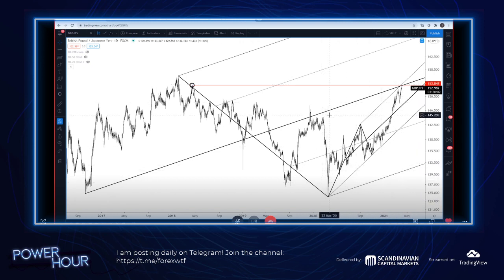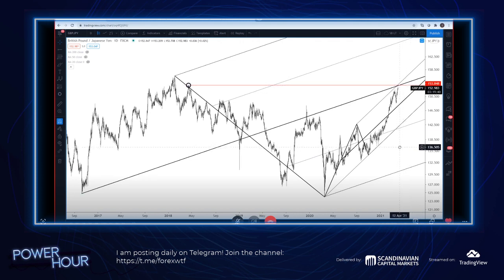We have three very well-defined technical considerations for resistance at 153.85 in the British pound against the Japanese yen. Pay attention to this next week. It's a really big level.